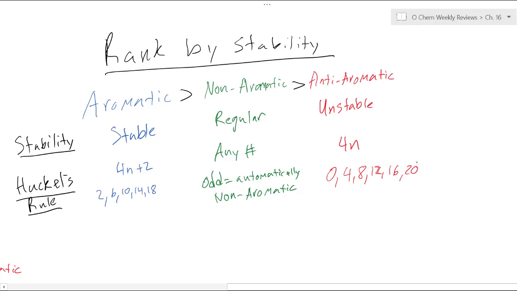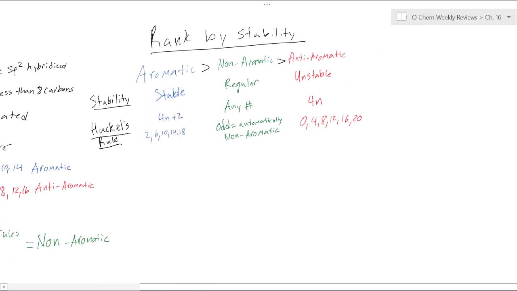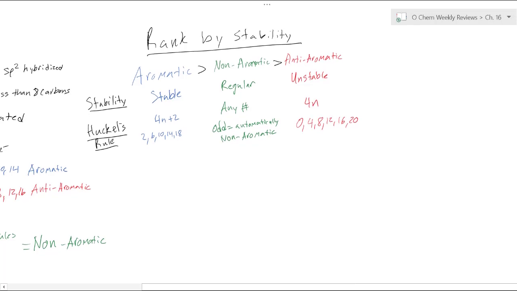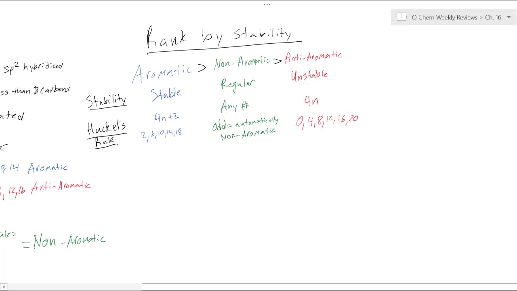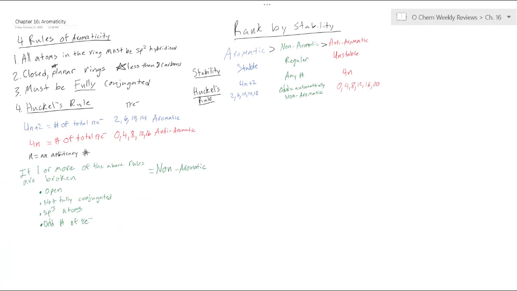Okay, any of those. Alright, so there you have it. Another table of some sort to distinguish aromatic, anti-aromatic, and non-aromatic. And then here's the full view of everything we've done so far.